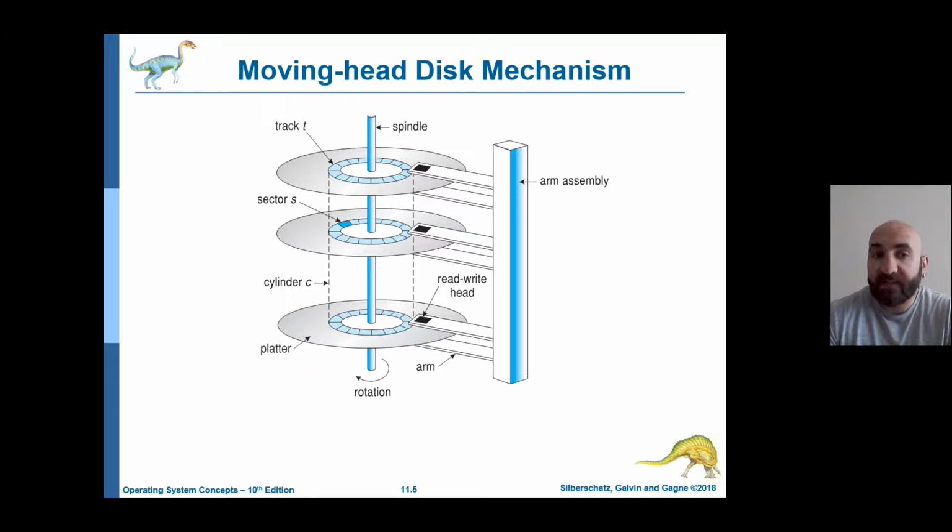Here you can see the moving head disk mechanism. We have platters, we have tracks, we have an arm for every head, and this concept can be described as the moving head disk mechanism.